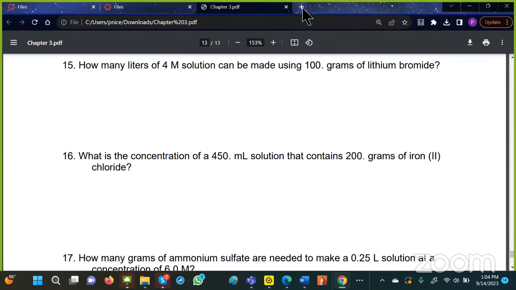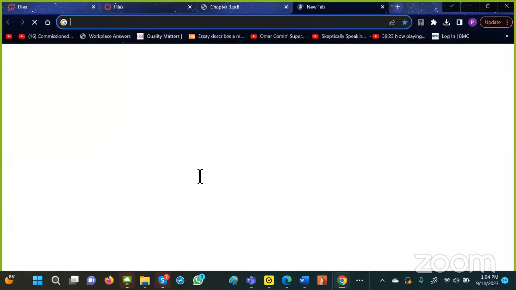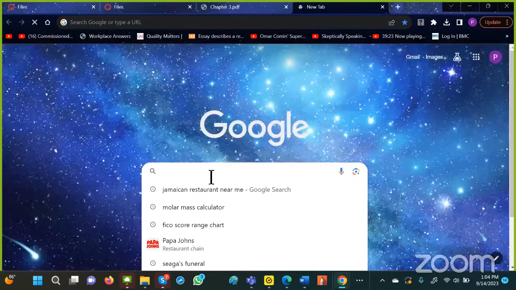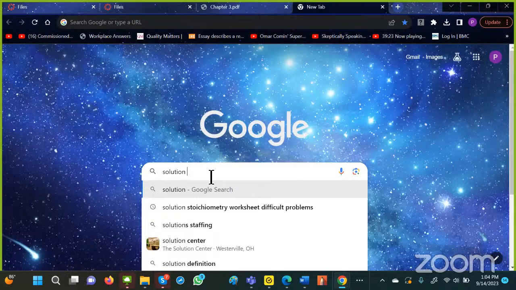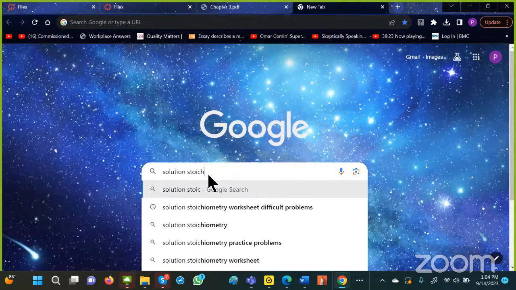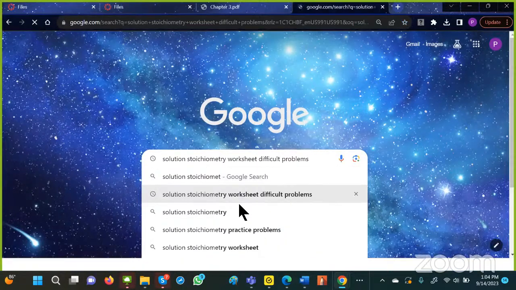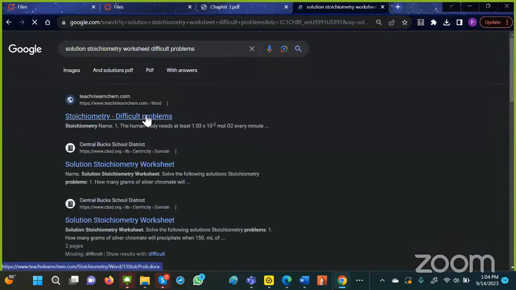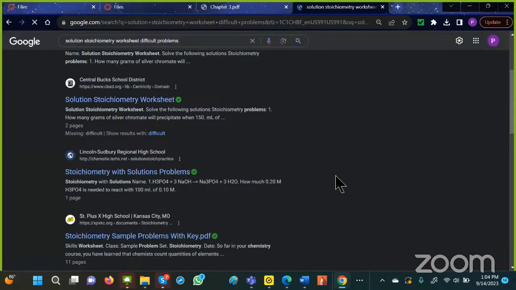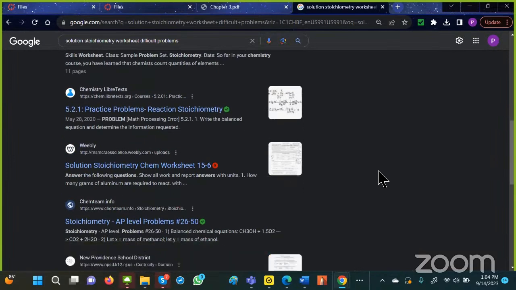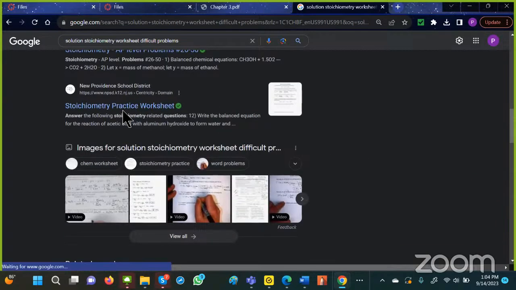So what I'm going to do is look for a solution stoichiometry worksheet, difficult problems. Let's see. Let me see what this offers.